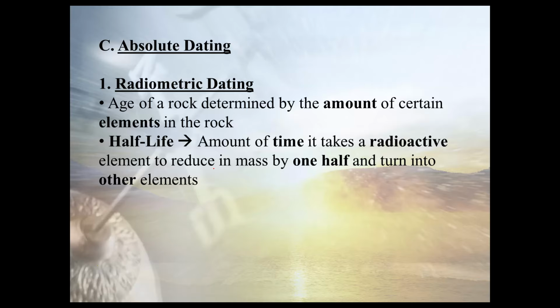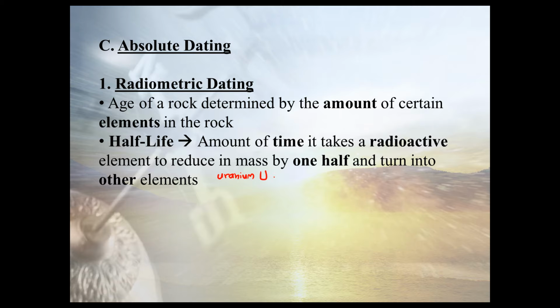There are certain elements on the periodic table that are not stable. Not stable means that they tend to, over time, decay into other elements. And I'll give one example. So uranium. We'll just use the element symbol, which is U. Uranium is a radioactive element.